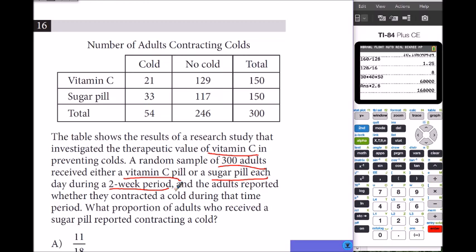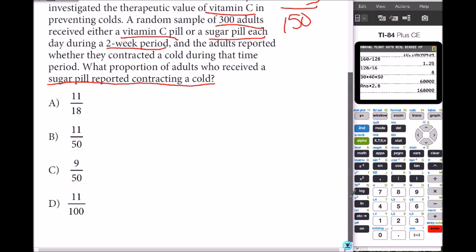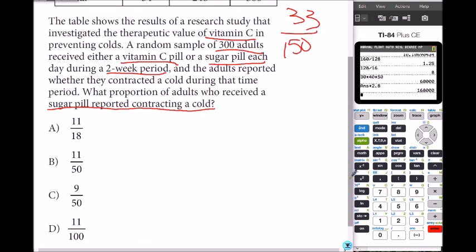And the adults reported whether they contracted a cold during that time period. What proportion of adults who received a sugar pill reported contracting a cold? So sugar pill, out of 150, had a cold, so cold 33. So it's 33 over 150, so you can divide by 3, top and bottom, so it's 11 over 50, so it is B.